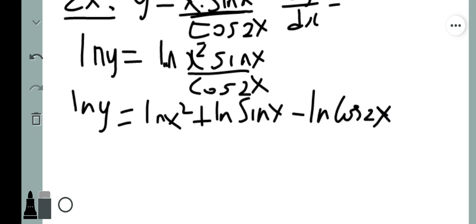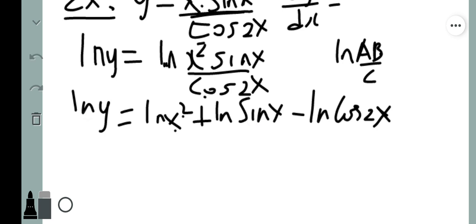You know what this means now. So ln of AB over C is the same thing as log AB over C, which is log A plus log B, and divide by C will be minus log C. So same thing here, which is what I did here. So from here we now differentiate. The next step is differentiating everything we have here.